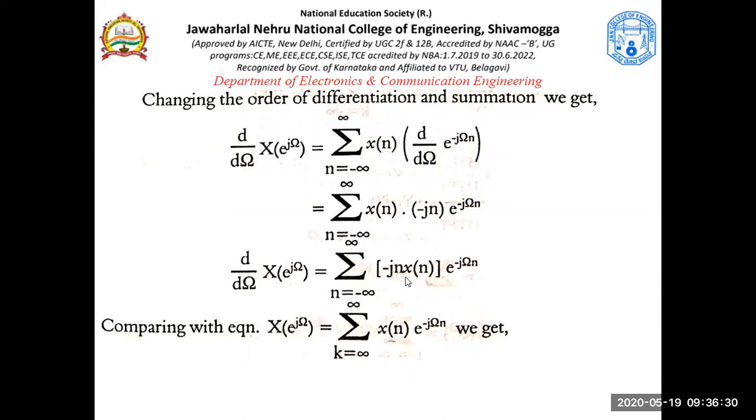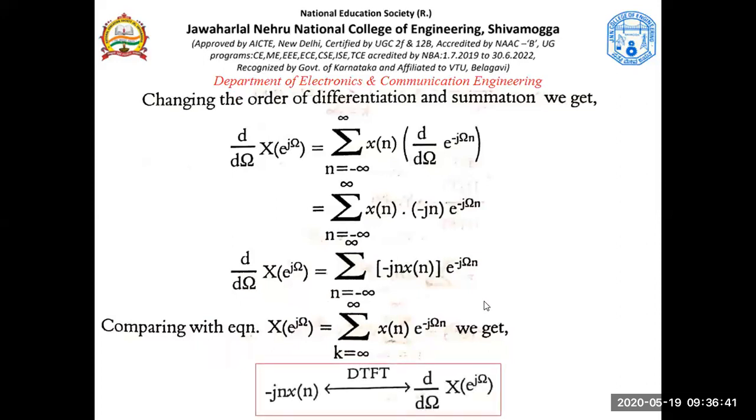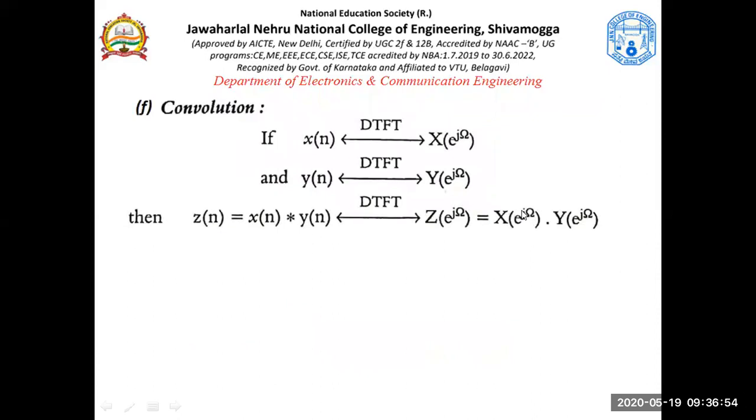Similarly, the DTFT of this signal is the differential of x of e power j omega with respect to omega. That's why this is true. So this is the frequency differentiation property of DTFT. Understand? Now let's move on to the next property, that is convolution.